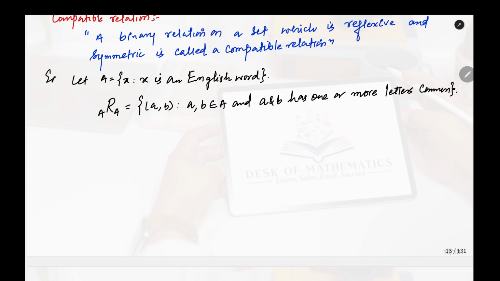We will show that this relation R is compatible. Any English word is there in the set A. Now we have to show it is reflexive.